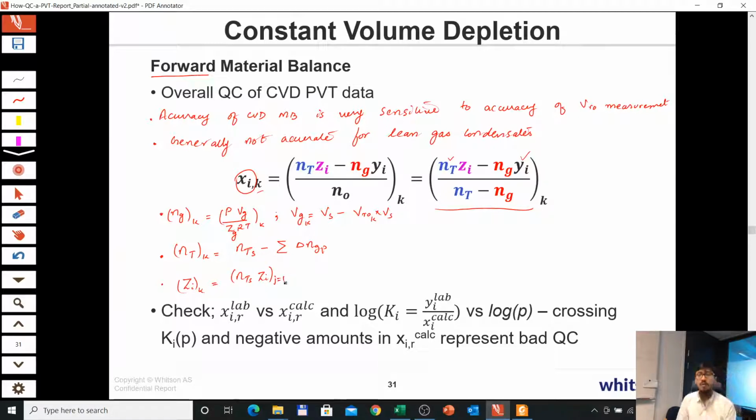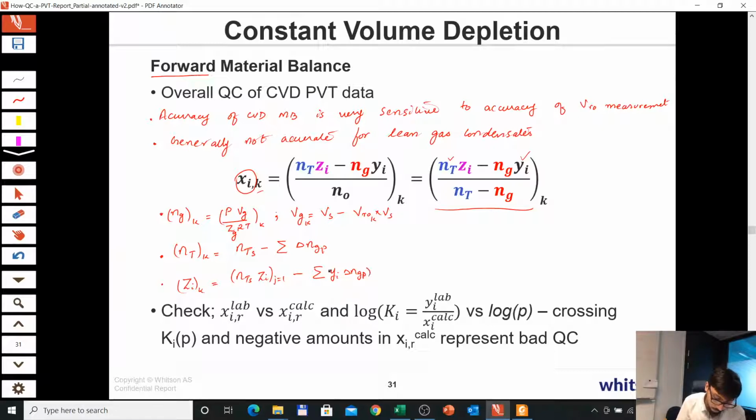J equals to 1 here means the first pressure stage. So that should give us the total moles of the component I present initially, minus the moles of the component I produced, which are produced in the form of gas phase. So Yi times delta N GP.